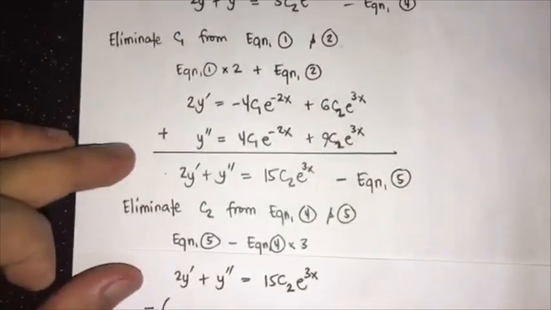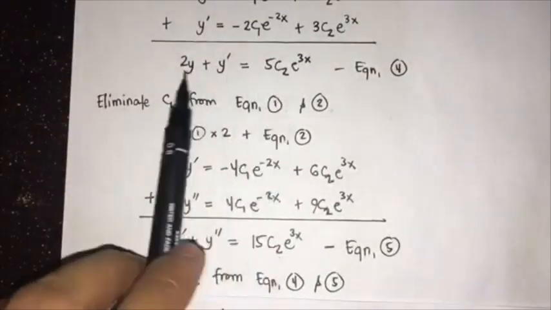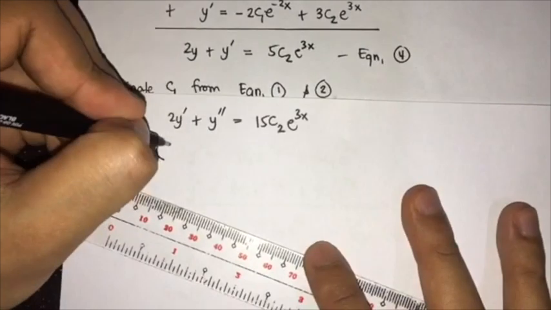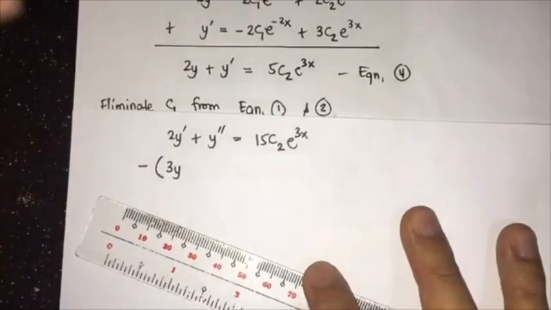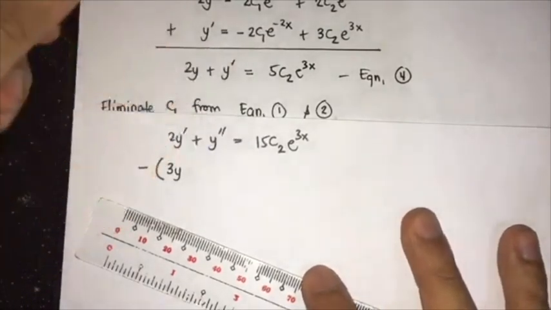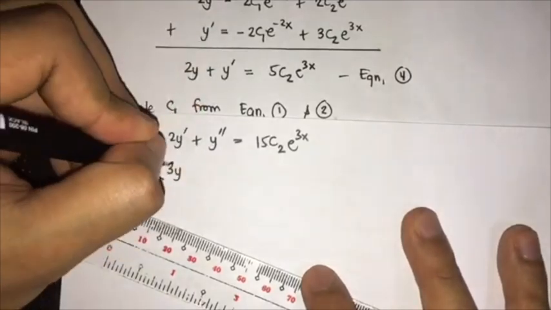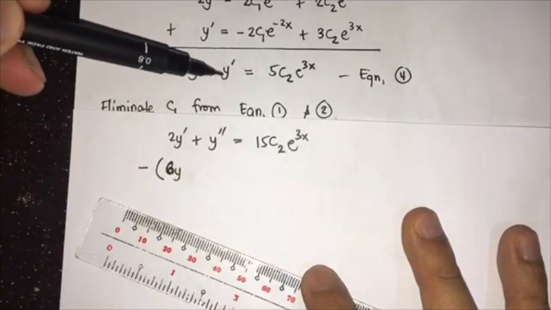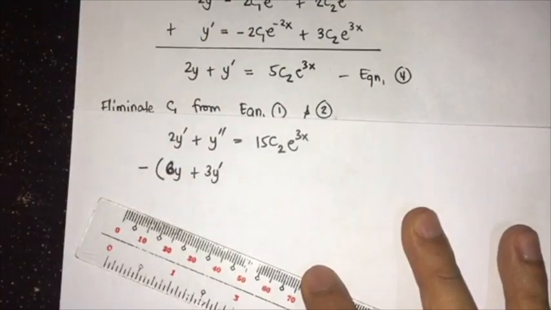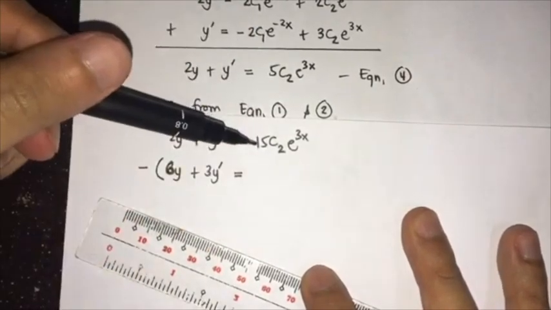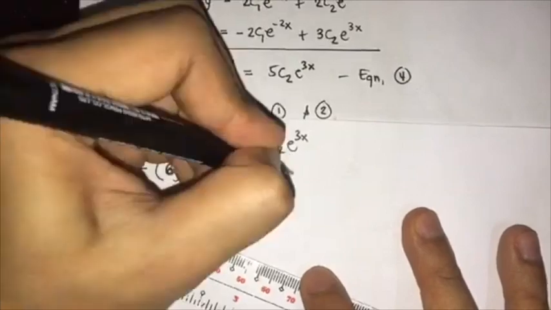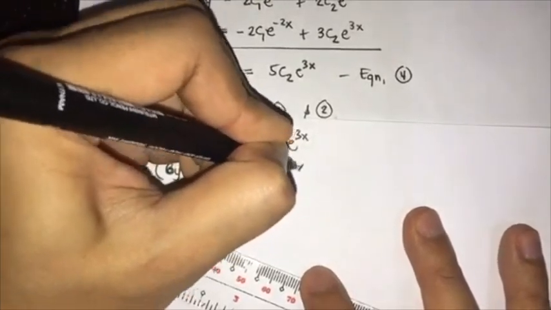Equation 4 again is this, so multiplying each term by 3, 2y becomes 6y, plus 3y prime, is equal to 3 times 5, 15c2 e to the power of 3x.